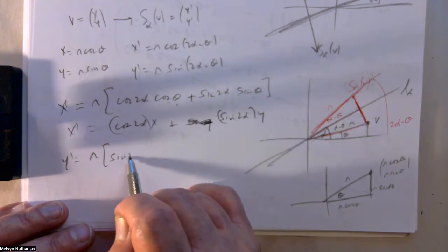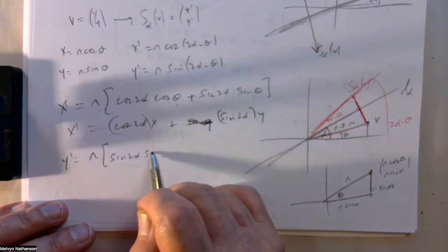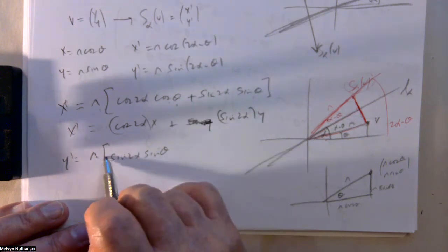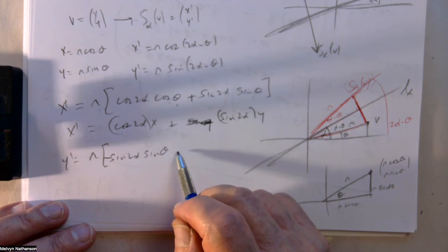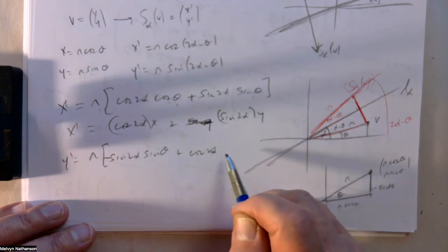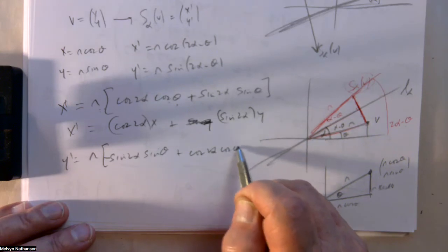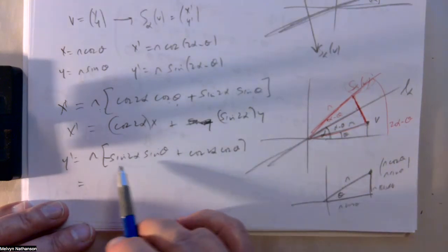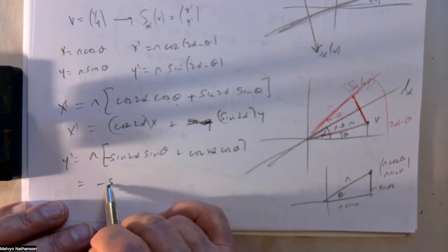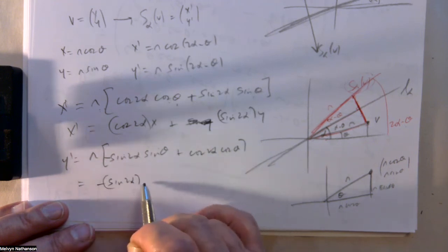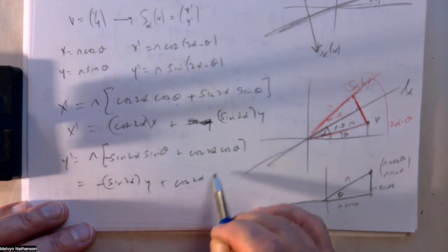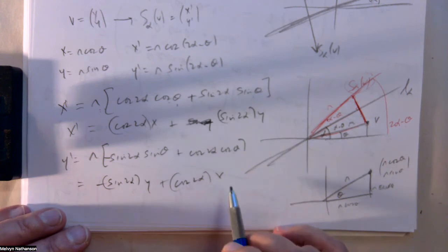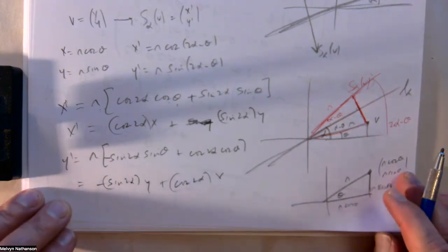That's sine of 2 alpha times sine of minus theta, which is minus sine theta, plus cosine of 2 alpha times cosine of minus theta, which is the same as cosine of theta. So I have r sine theta, I have minus sine 2 alpha times y plus cosine of 2 alpha times r cosine theta, which is x.